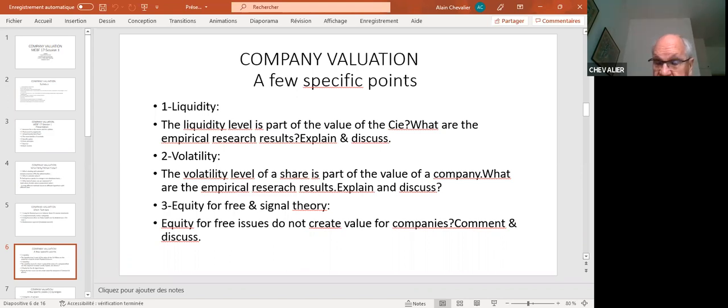And you understand that many different elements of a financial policy will interfere in the value calculation, not only through the operational return on the asset side of the balance sheet.